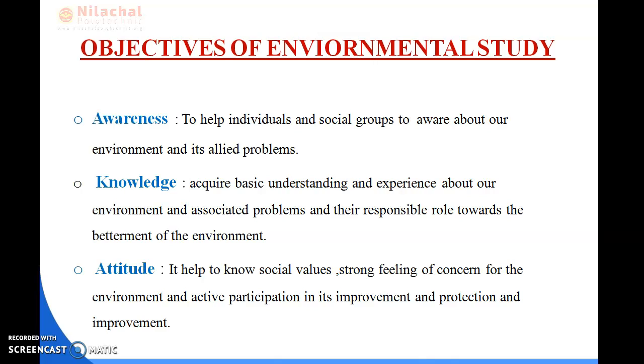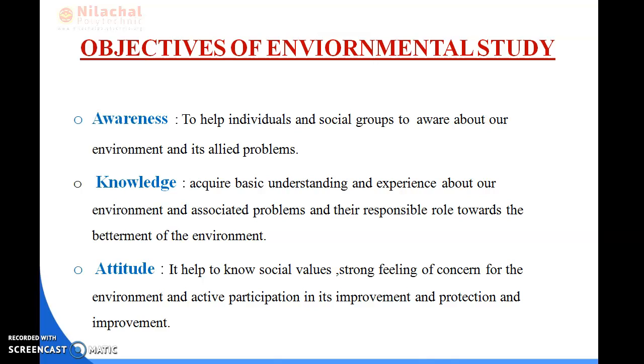Because if we don't know what problems or issues are created in the environment, how can we save it or create a healthy environment? So first of all, we need to know the problems and what awareness is required for us.